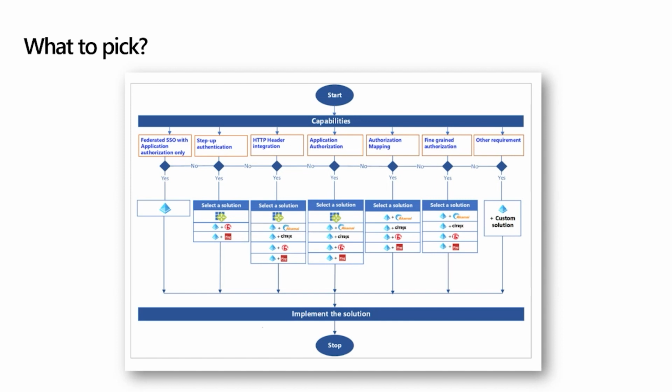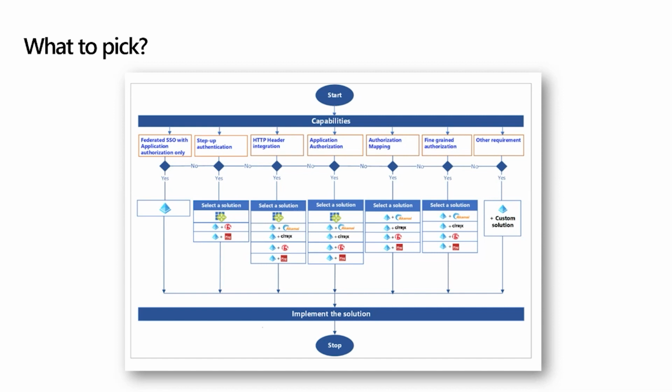So, can I think in the future of a state where a proxy can actually be used across, right? If I need to do authorization mapping, or fine-grained authorization for those HTTP header apps, is that something that a proxy will be able to help on?